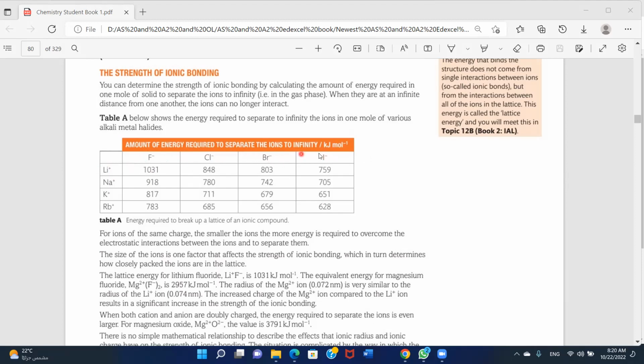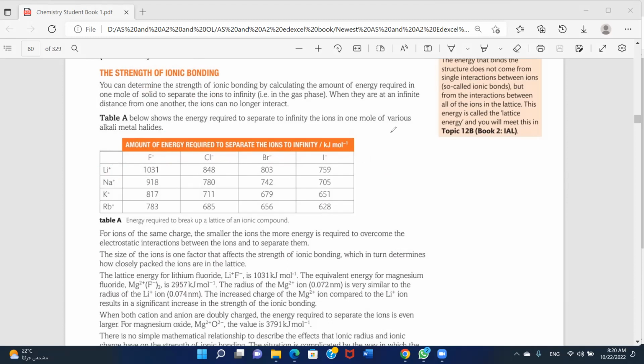Of course, we know that these are the inert gases, and these are their ions. We are going to compare the strength of lithium fluoride by lithium chloride, by lithium bromide, by lithium iodide. Of course, to compare the strength, we have to find out how much energy is needed to break a bond.